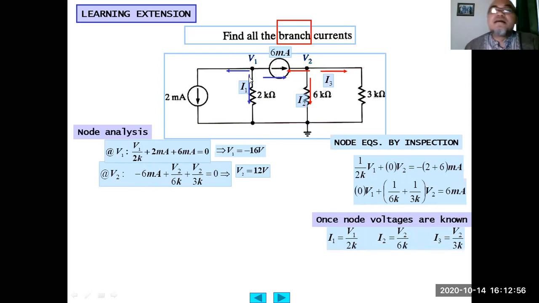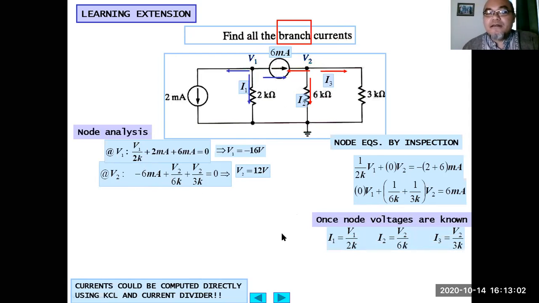So the current is actually flowing upward, not as assumed, because it is negative. Then I2 is V2 divided by 6K, 12 volt divided by 6K, which is 2 milliampere going downward. I3 is V2 divided by 3K, 12 volt divided by 3K, which equals 4 milliampere.